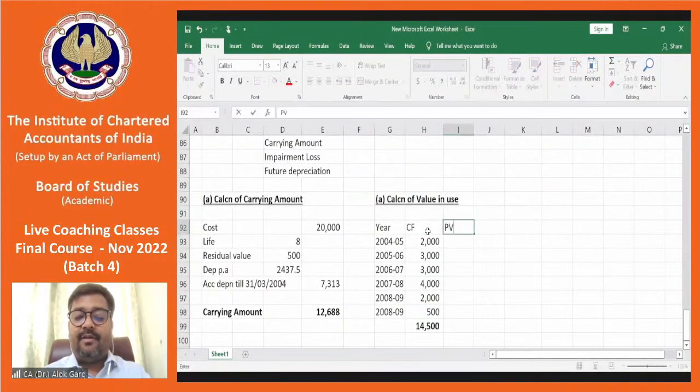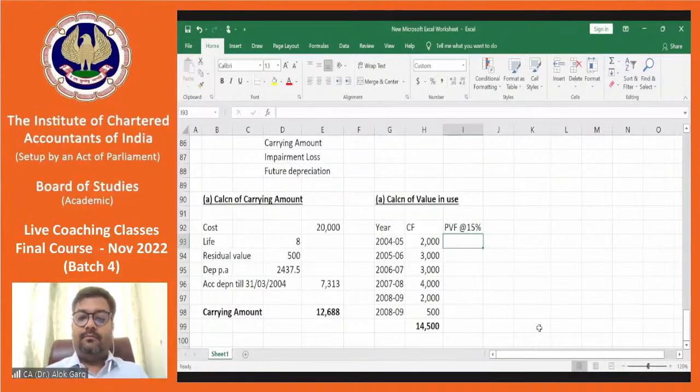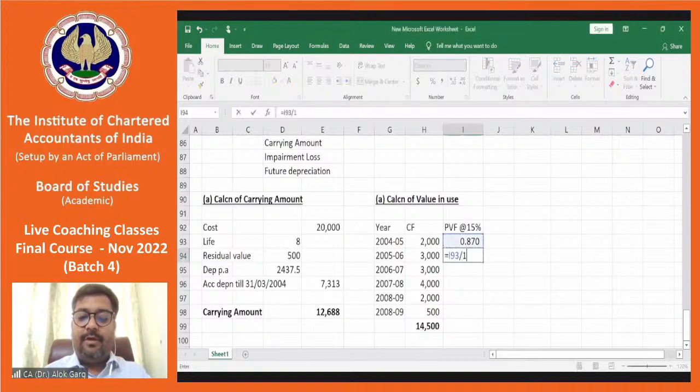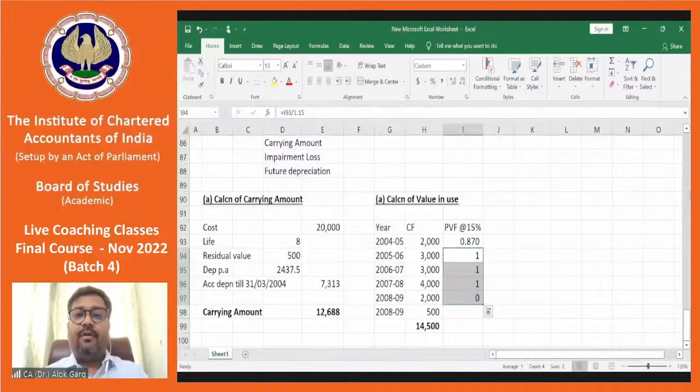Now, what is the discount rate? What is the present value factor? It was 15%. So present value factor at the rate of 15% is 1 divided by 1.15, which comes out at 0.87. Then divide by 1.15 again, it will give you the second year, and so on for 5 years.